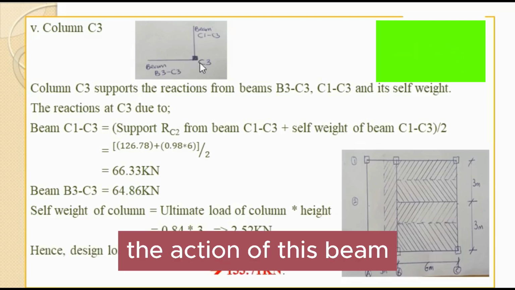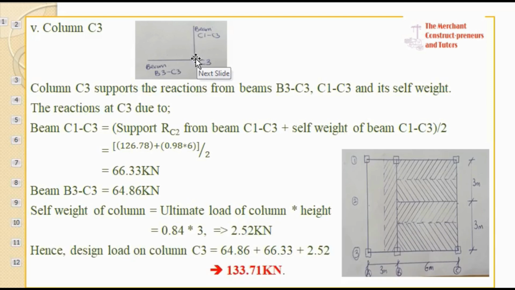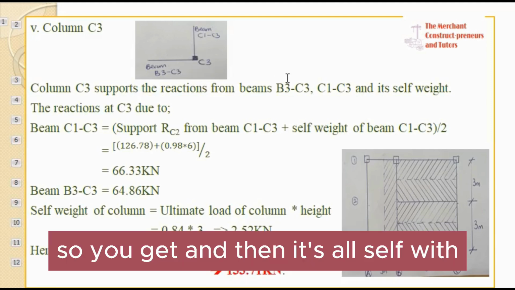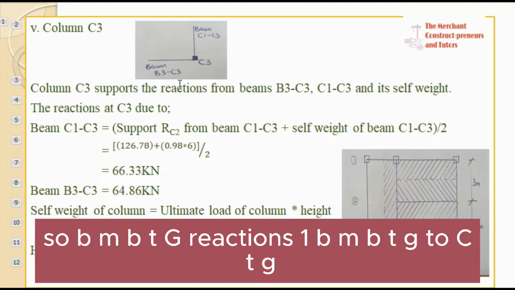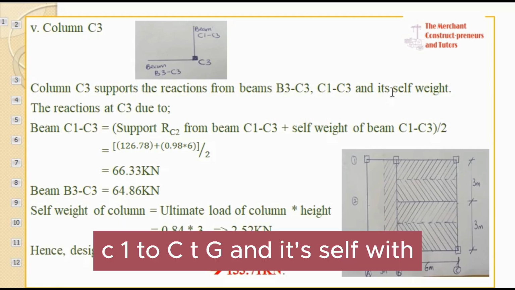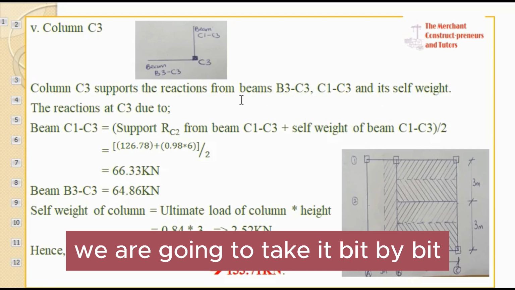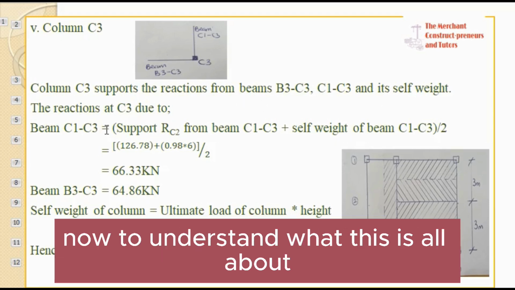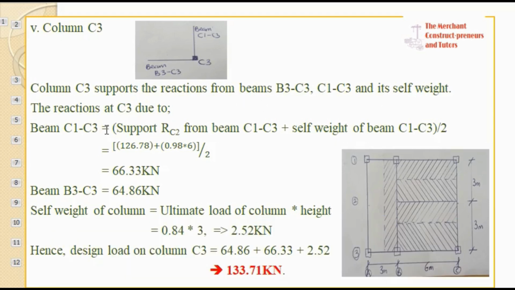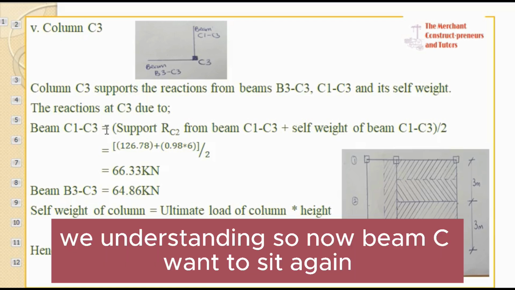The reaction of this beam at this portion, that's what we are considering, and then its own self-weight. So we have reactions from beam B3 to C3, C1 to C3, and its self-weight. Hope you understand it. We are going to take it bit by bit to understand what this is all about.